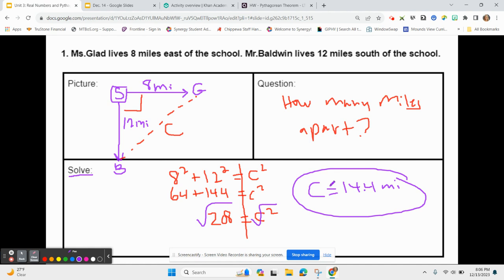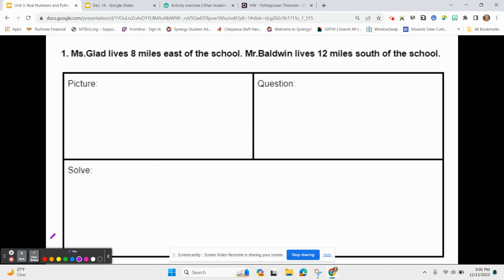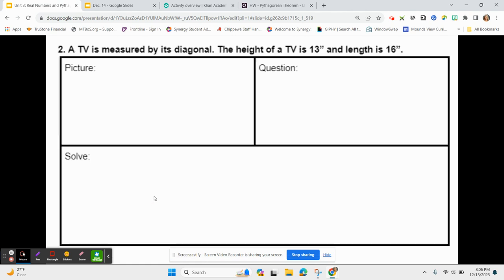Now, let's set up question 2, and then I'm going to let you get to work. Question 2 looks like this. A TV is measured by its diagonal. The height of a TV is 13 and the length is 16. So first of all, let's draw a diagram. Here's my rectangle.